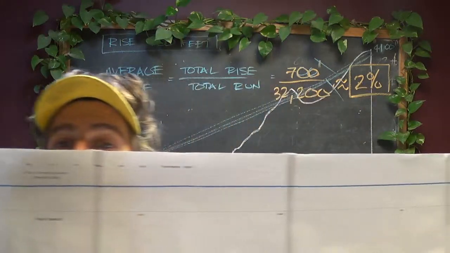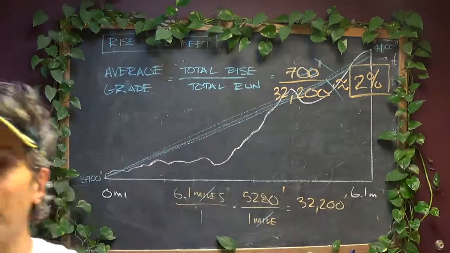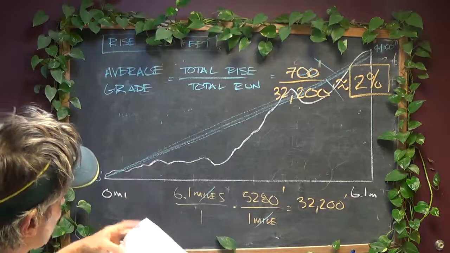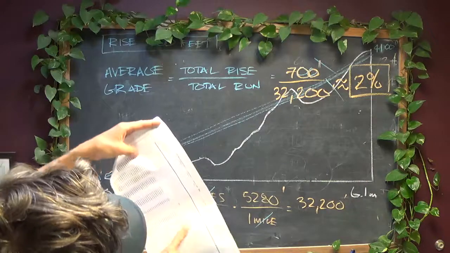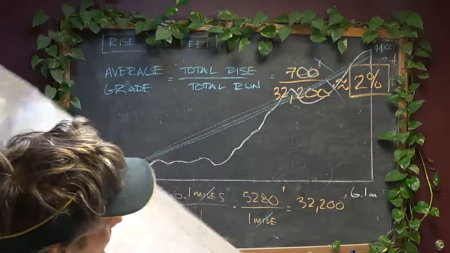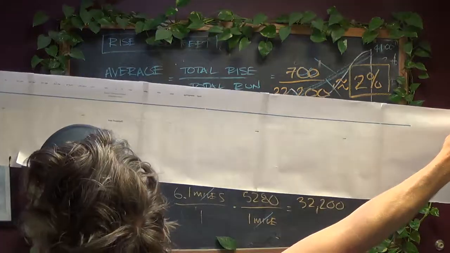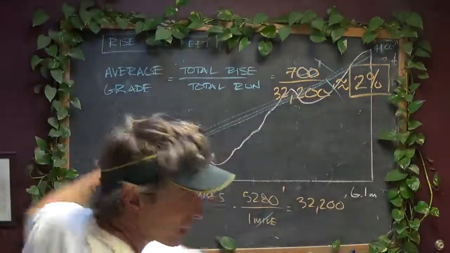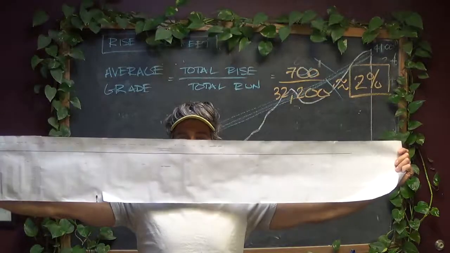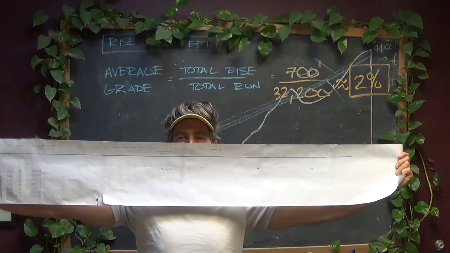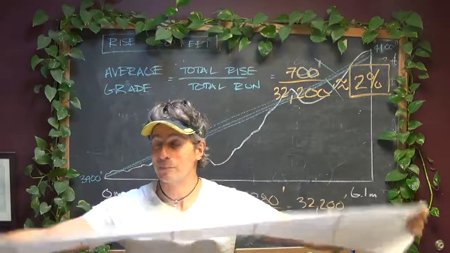That blue line is my actual commute. And the reason it looks like that is because I've actually scaled it properly. Here are the feet in elevation, and here are the feet in the distance. It does tilt up. My head's in the way now. It does tilt up from 0 through 6.1 miles. It's just an incredibly small tilting up, 2% to be approximate.